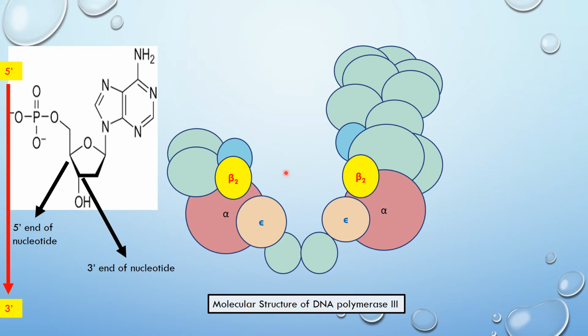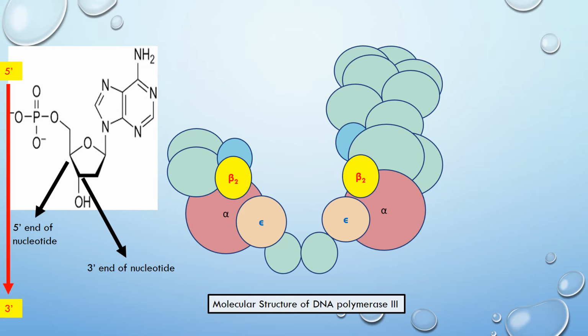Now this is the first monomer, and this is the second monomer of DNA polymerase 3. So the two identical monomers make this dimer molecule. Each monomer contains three subunits: alpha subunit, epsilon subunit, and beta 2 subunit.